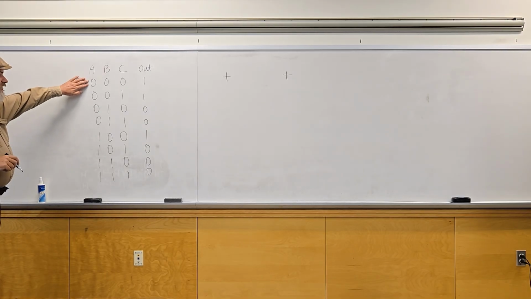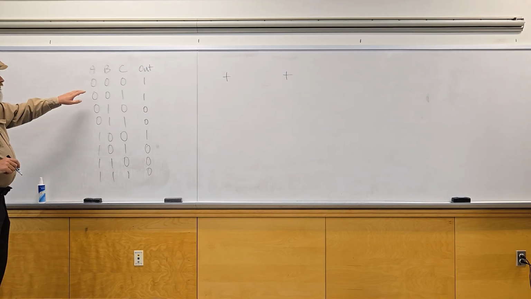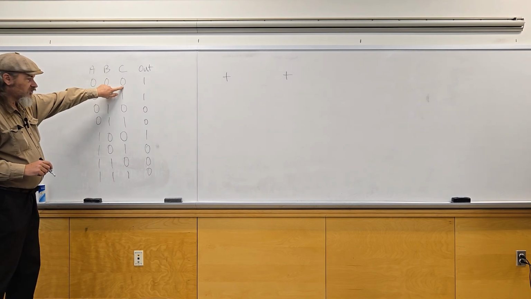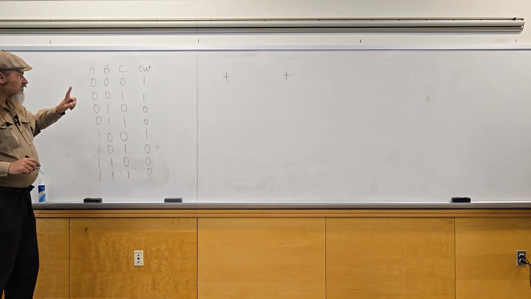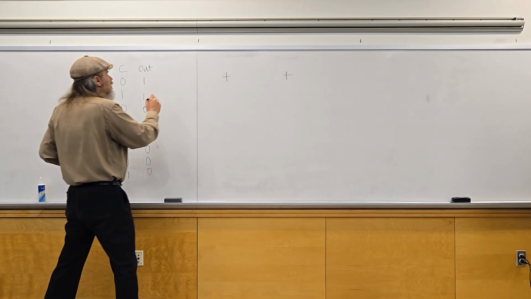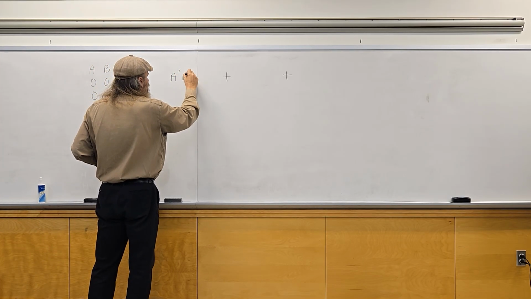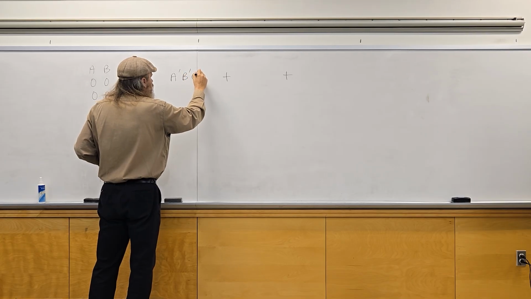Now, what is this? A combination of AND. This is 0, this is 0, and this is 0. So that would be A prime and B prime and C prime.